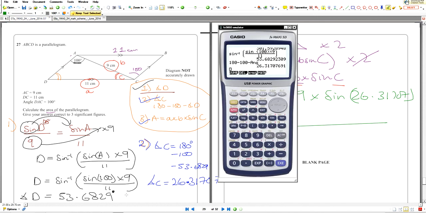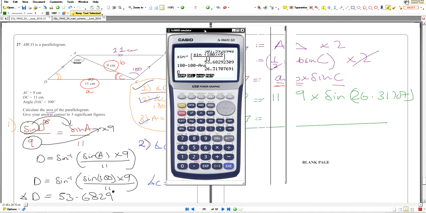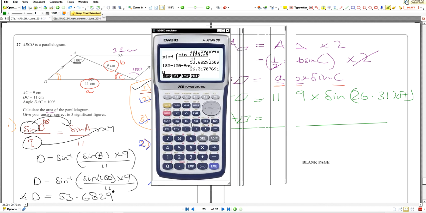So let's do the calculator. What did we say? We said 11 times by 9 times by sine of the previous answer. Shift answer, close bracket.